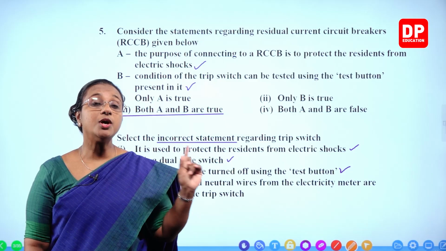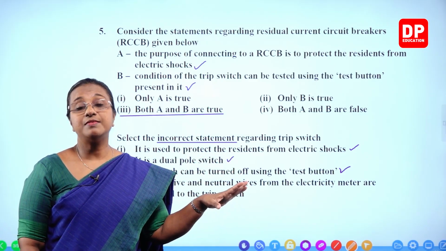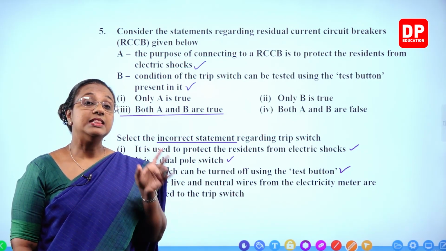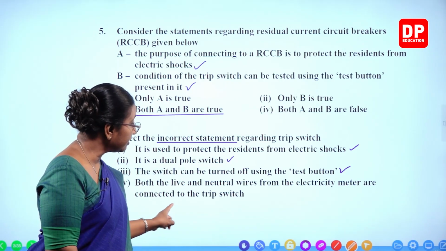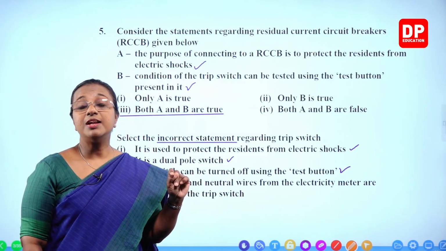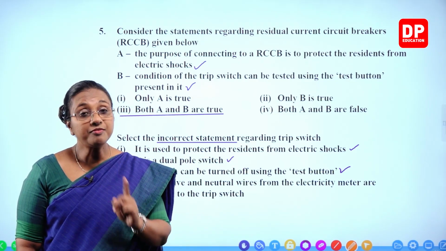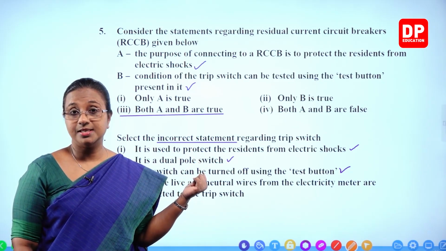But if you remember the order of the components, initially we have the service fuse, then the electricity meter, then the isolator. From the electricity meter, live and neutral wires are connected to the isolator. After the isolator only, we have the trip switch or the RCCB.